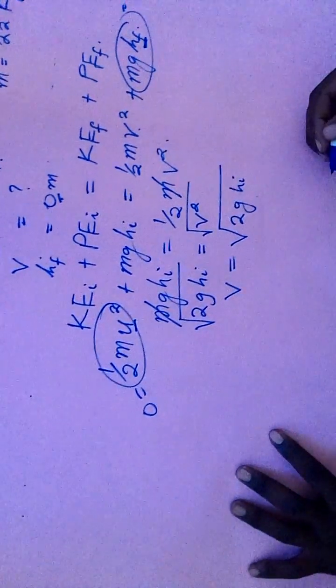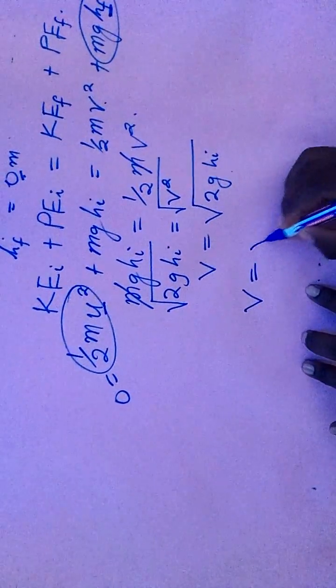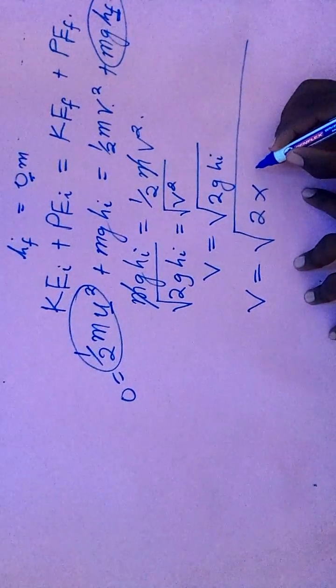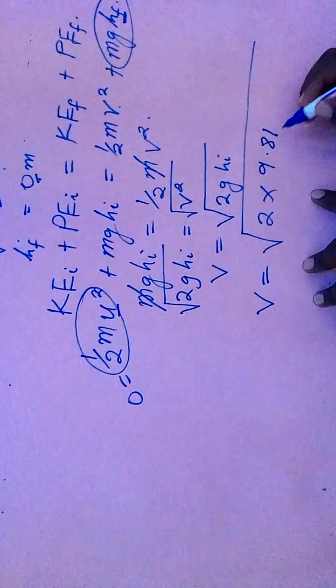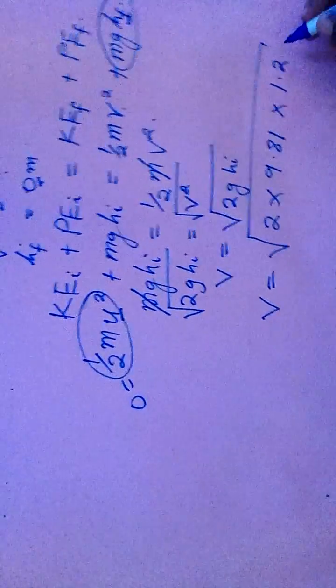Now we can put in our values. Our speed is going to be the square root of 2 times the gravitational acceleration, 9.81, times the initial height, 1.2.